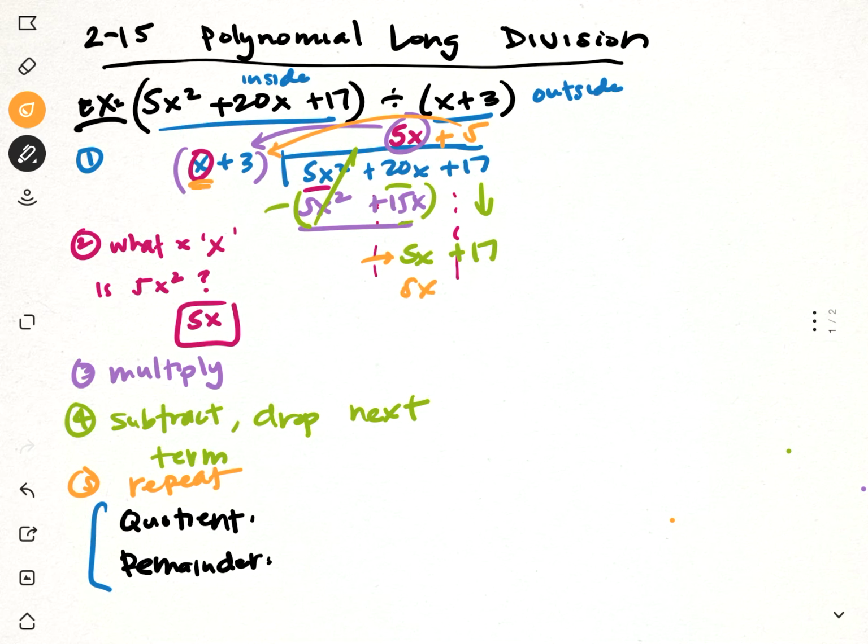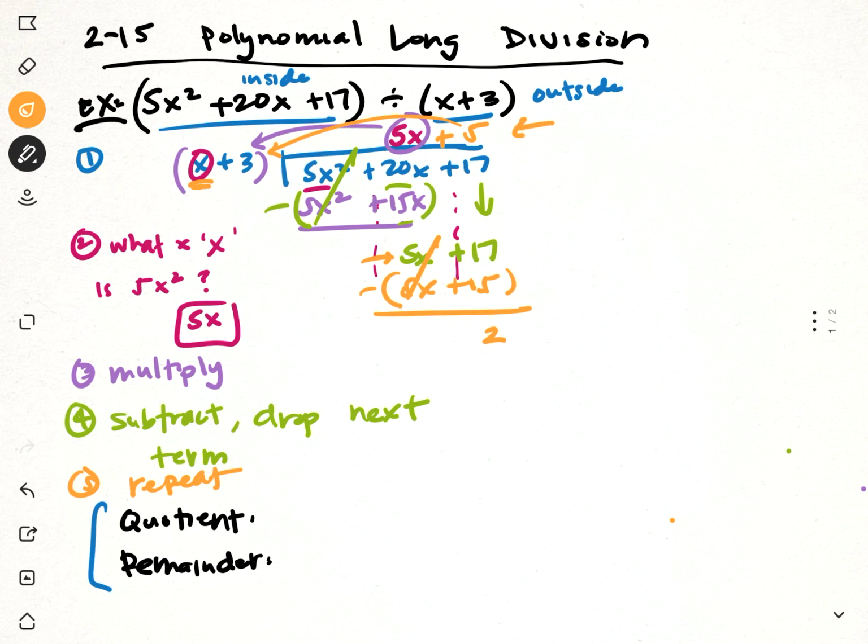So 5 times x is 5x, that's exactly what we want. And then 5 times 3 is 15. Step 4, we're going to subtract that. So 5x minus 5x should always cancel out, and 17 minus 15 is going to give us 2.